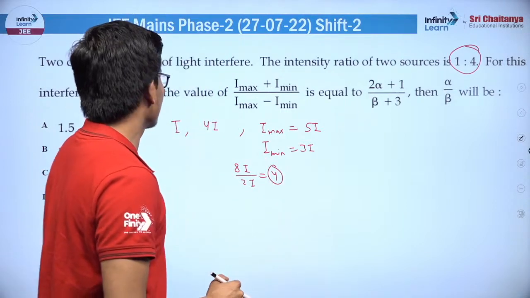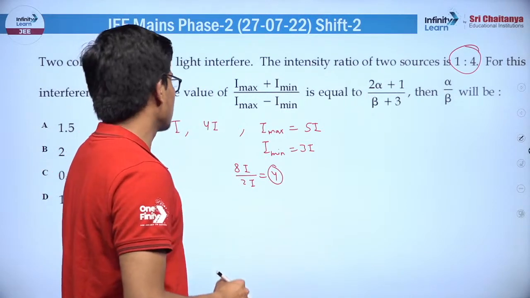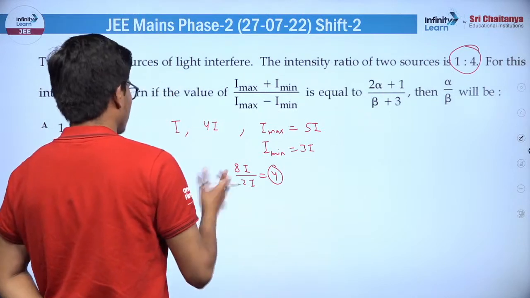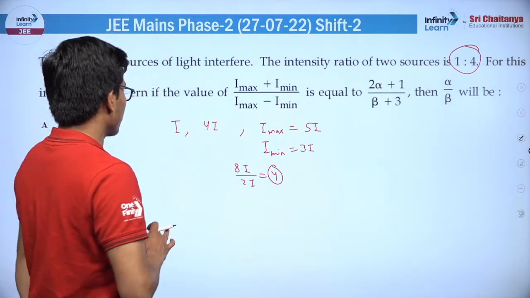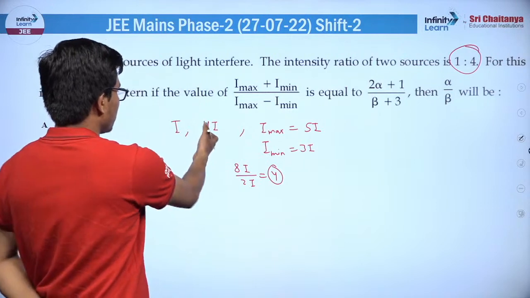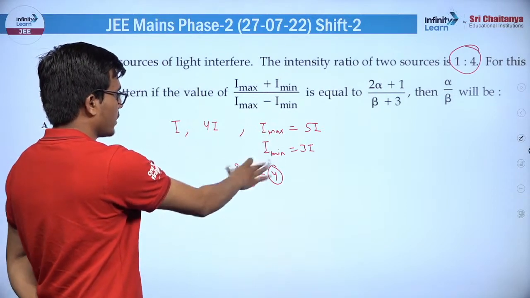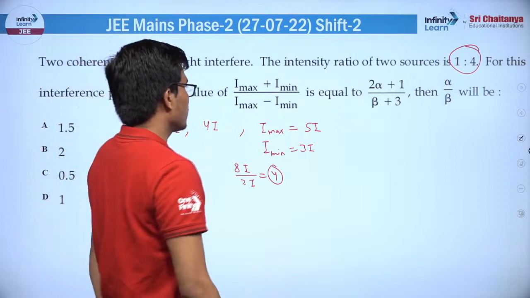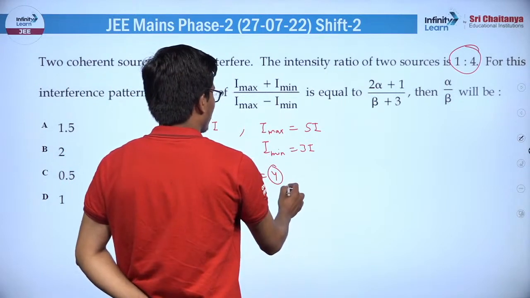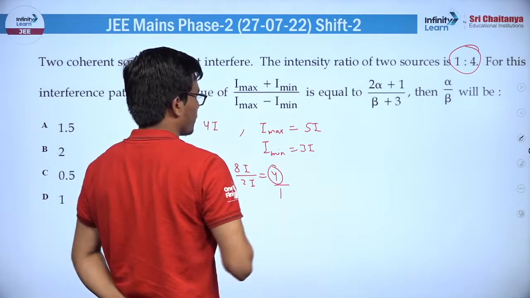For this interference pattern, the value of I max is 5I and minimum intensity is 3I. If you add them, 8I, subtract them, 2I, so answer will be 4. Okay, 4 by 1 is there, so can you compare with it?